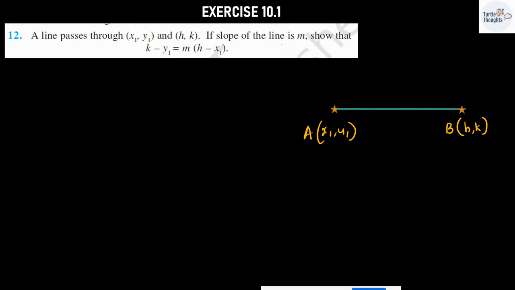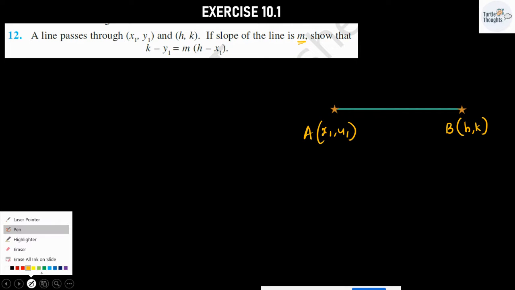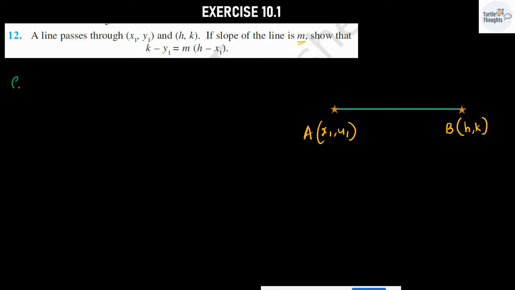This is what is being given in the question, right? Now, the slope of the line is m, slope is also given. We have to prove this, right? So let me write whatever is given here. It is given that the slope of the line is m.